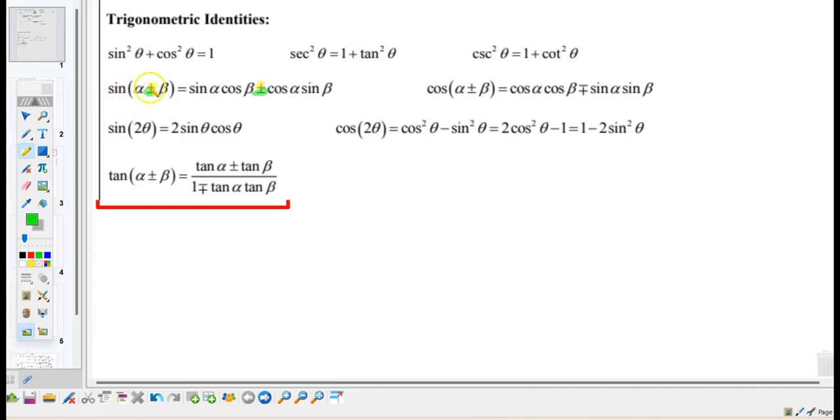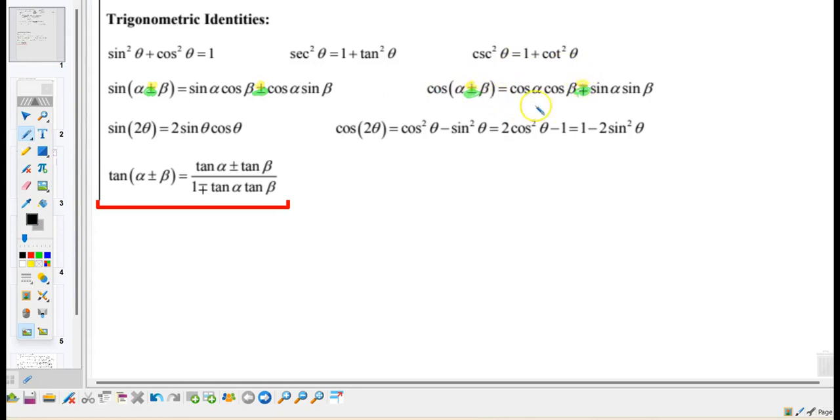So sine, S-I-N, the signs, positive, negative, stay the same. The plus goes with the plus, the minus goes with the minus. In cosine, with the plus on the top of this condensed symbol, it goes with a minus when it's expanded. And the minus here goes with the plus here. So with cosine, your signs change.